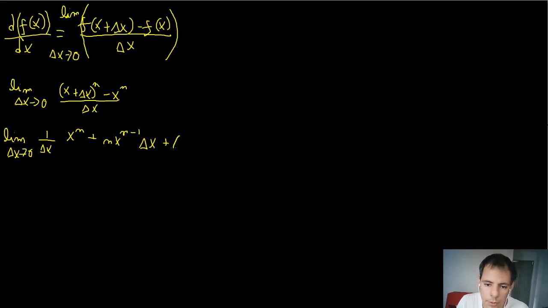It's going to be another coefficient here, but I don't care what it is. It's just going to be a combination of n and 2, x to the n minus 2 delta x squared plus, right? And it'll just keep going.